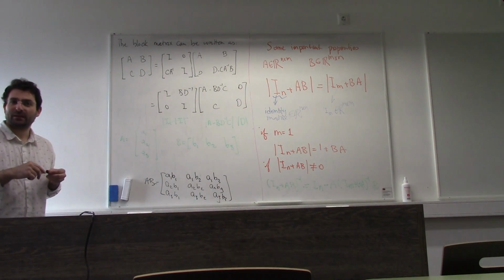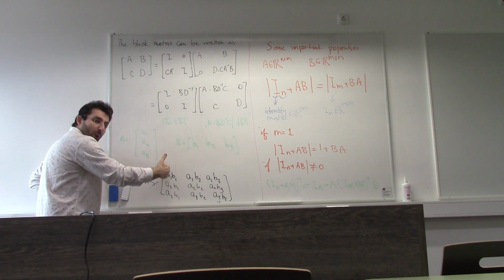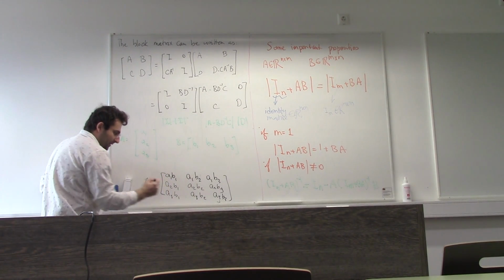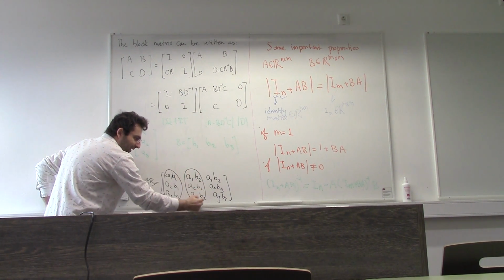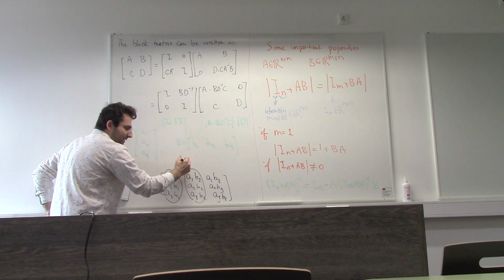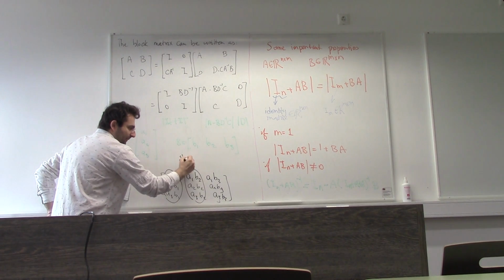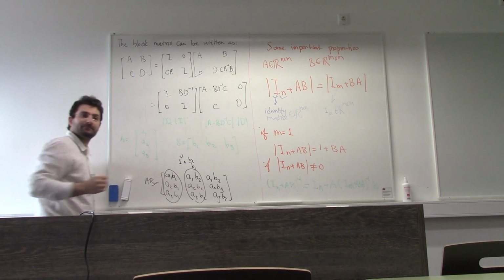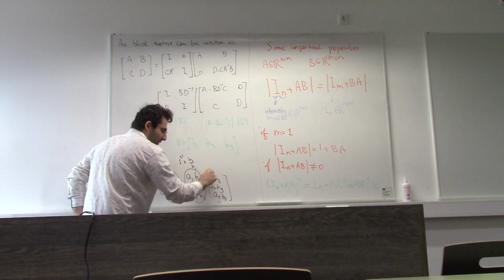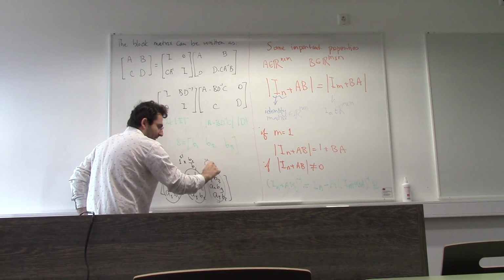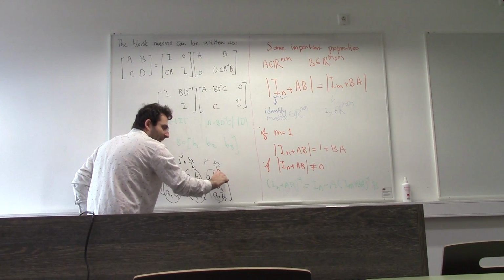Look. This is the first row. The second row is the first multiplied by B2 divided by B1. Isn't it? And the third row is the first multiplied by B3 divided by B1.